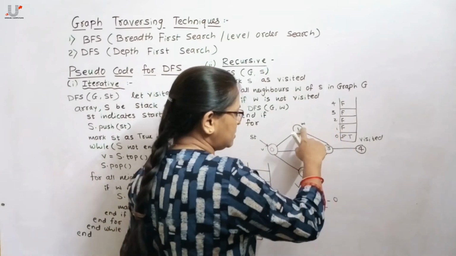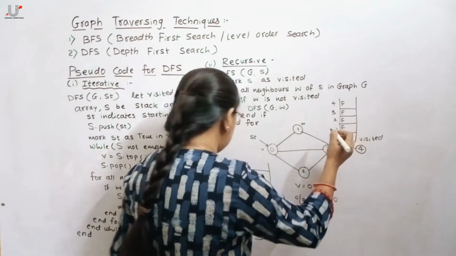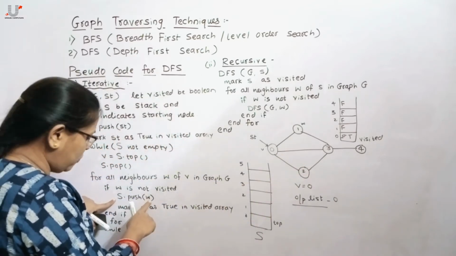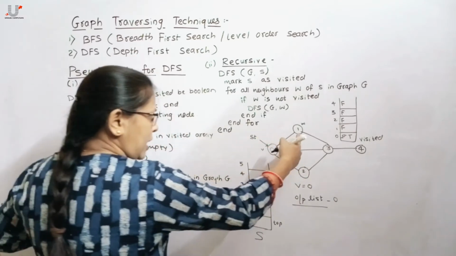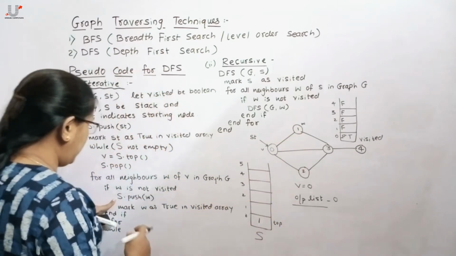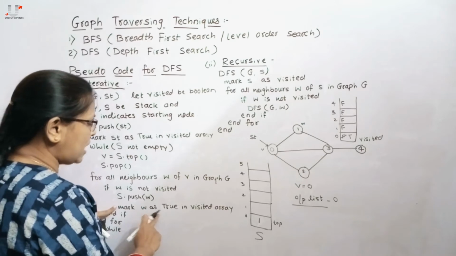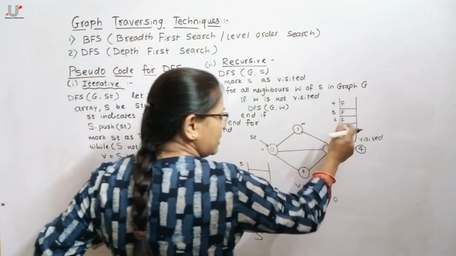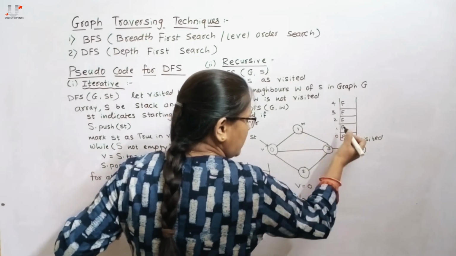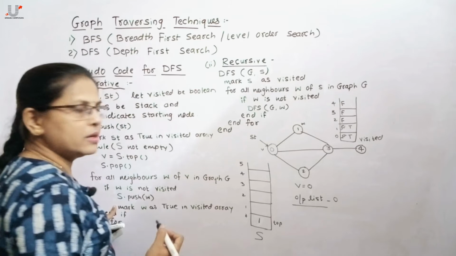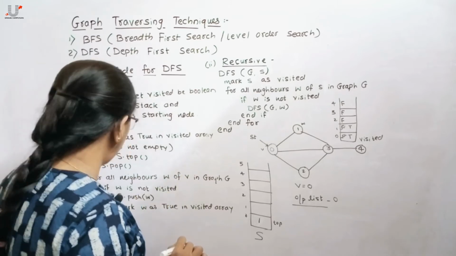The status of w, that is 1, is false, still not visited. Then push w, that is 1, into the stack, and then mark w as true in the visited array. W, that is 1, gets marked as true, which indicates that it's a visited element.